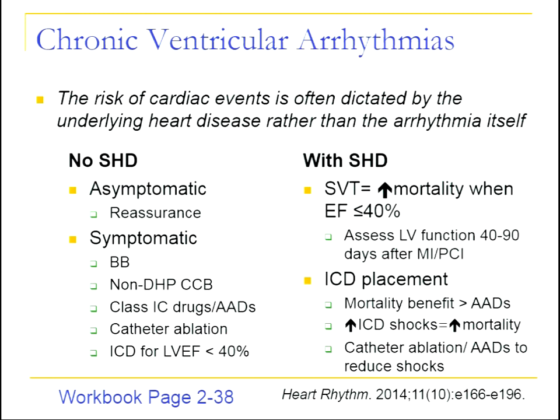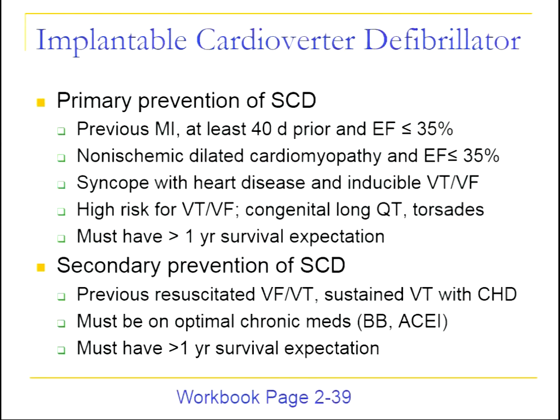Medicare will pay for a device because the trials that have looked at antiarrhythmic therapy versus device therapy show that device therapy is better at reducing sudden cardiac death. Medicare will pay for both primary and secondary prevention of sudden cardiac death in patients who meet certain risk factors. You've got to have a life expectancy of greater than a year.